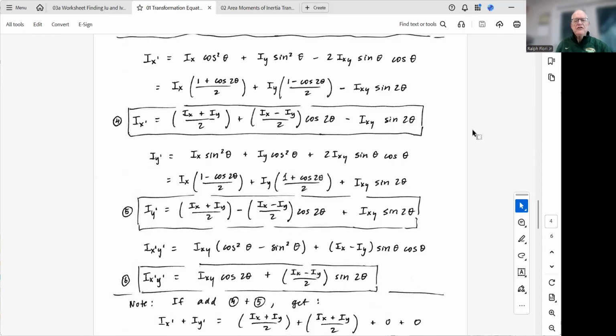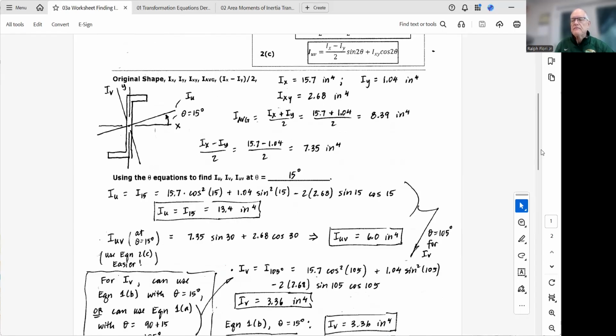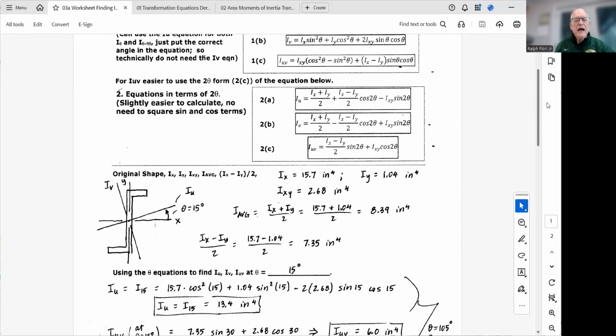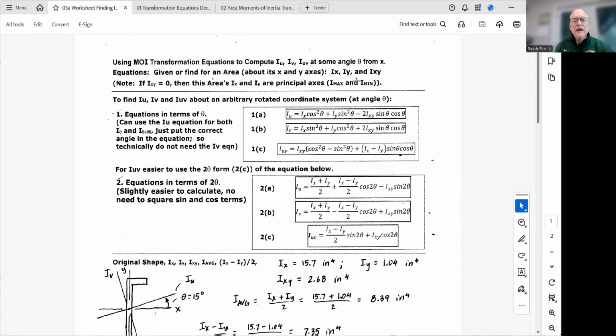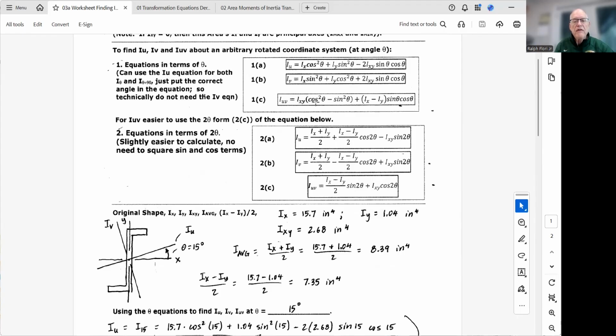And these are actually easier to calculate with, and we're also going to use these to derive Mohr circle. So pay attention. So here's an example problem. This particular problem, I repeat the equations here. These are the cosine squared, sine squared form of the equations. These are the cosine 2 theta and sine 2 theta form of the equations.